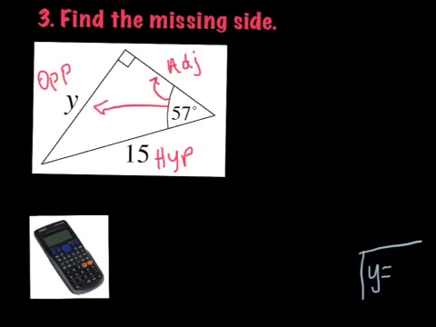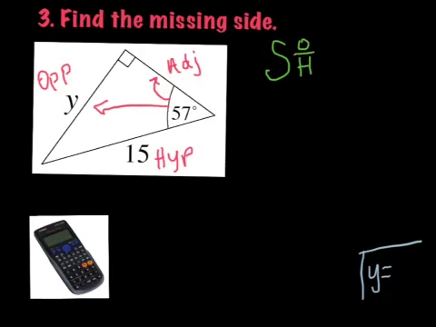So we are using opposite and hypotenuse. So which one of our trig ratios uses opposite and hypotenuse? Hopefully you're thinking sine is opposite over hypotenuse.